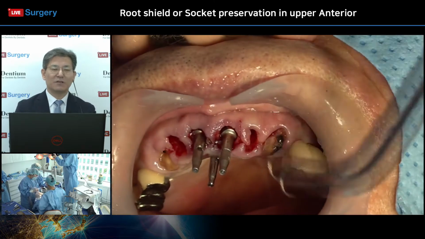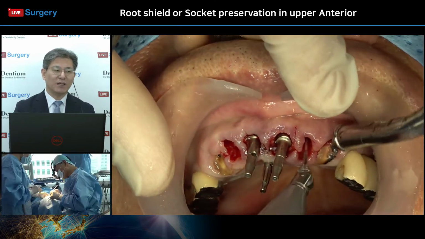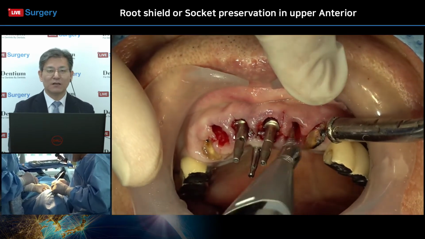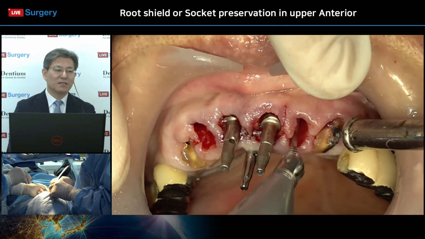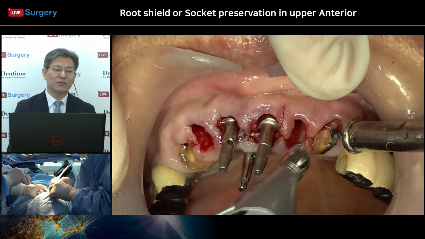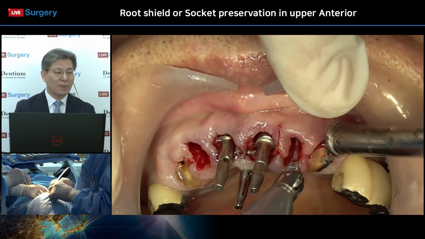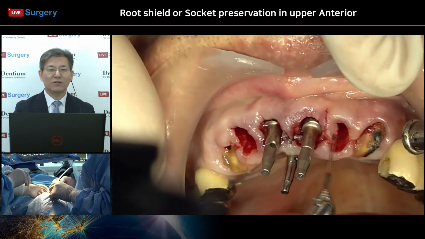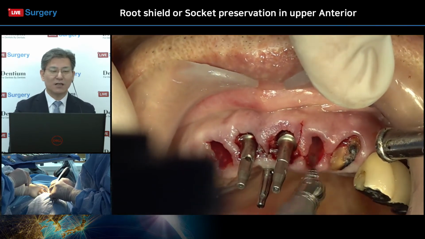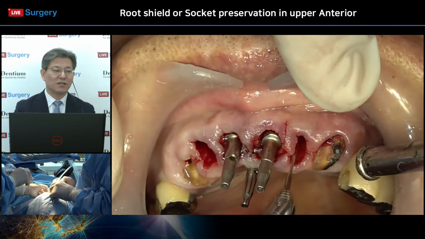There are many different kinds of efforts and methods to maintain and preserve the labial bone plate. The first one, very well known, is the sandwich technique for the GBR procedure. Another one is the ice cream cone technique, Dr. Tanaka's, also in the GBR category.